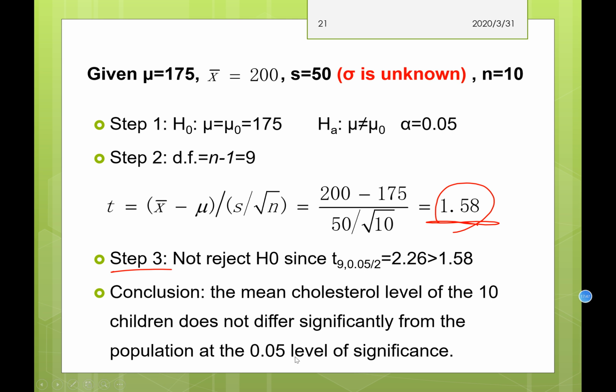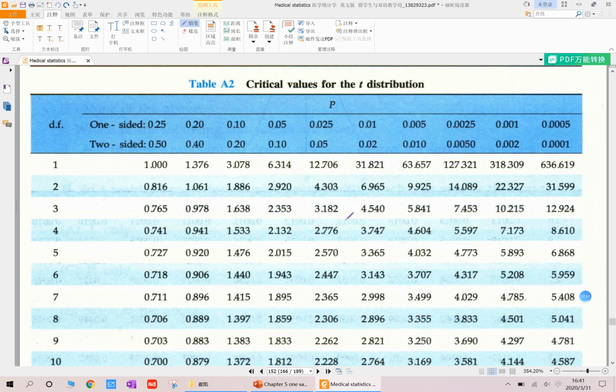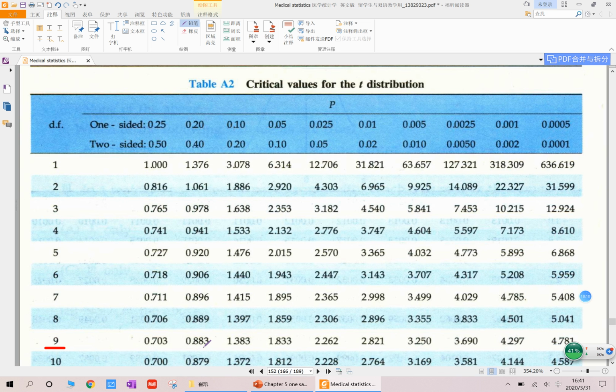So let's go to the textbook. Okay, so we already know this is table A2, and the nu is 9, right? And we find that the number of t is 1.58. So let's find it.